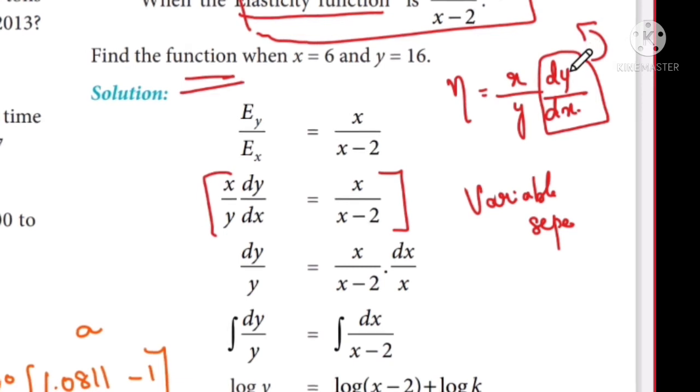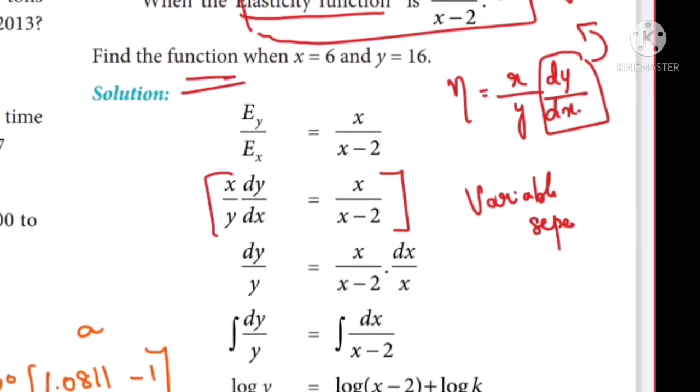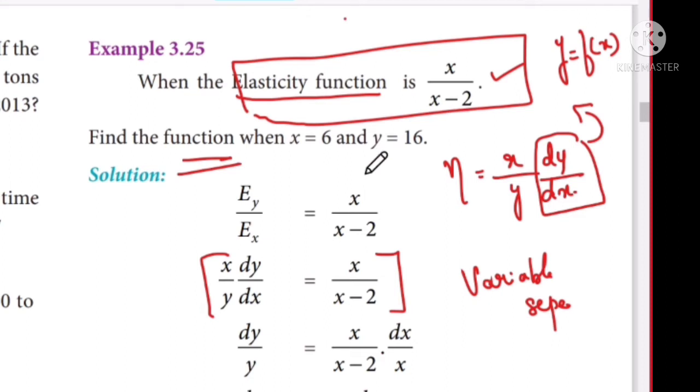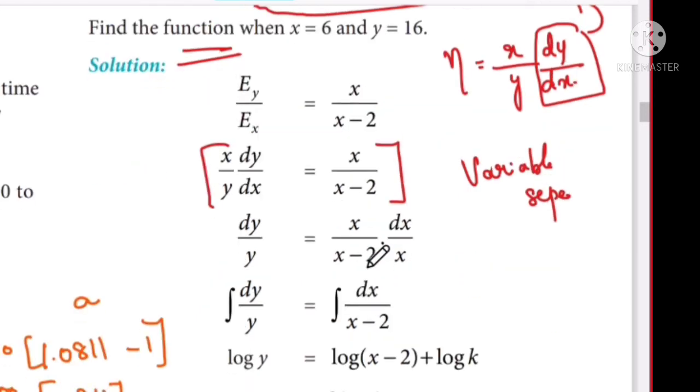The reverse process of differentiation is integration. Only when you integrate, you get the original function y in terms of x. So the elasticity function is given, find the original function. To find it, you have to integrate, and to integrate this, you have to separate the variables. How do you separate the variables?